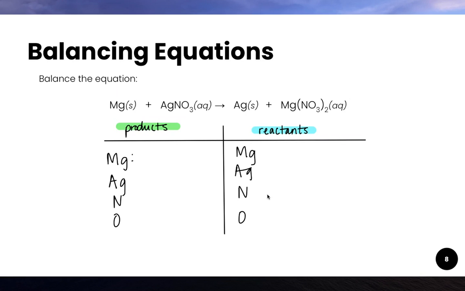Okay, let's take our initial tally. One of each metal, 1 nitrogen, and 3 oxygens. And on this side, we have 1 of each metal, 2 nitrogens, because of this subscript, and 6 oxygens.